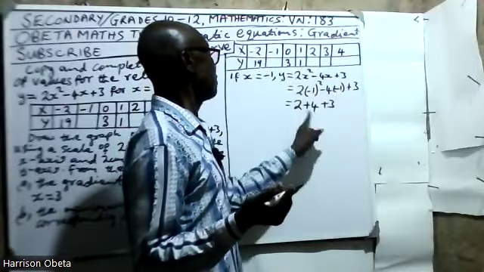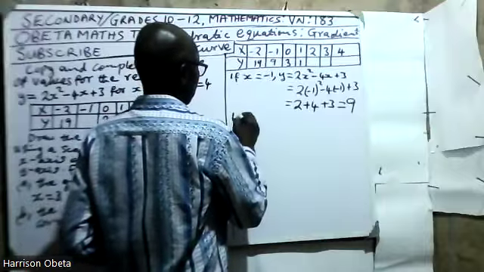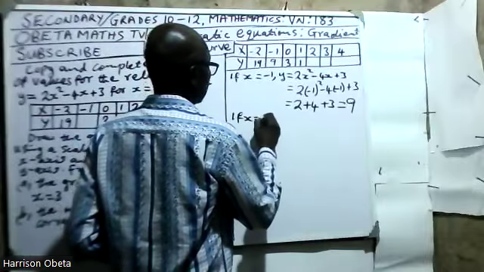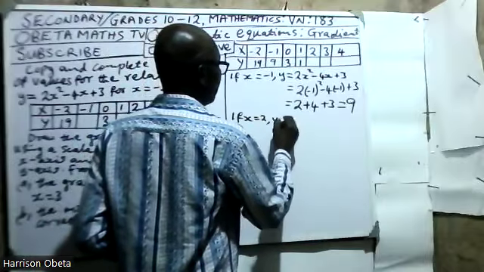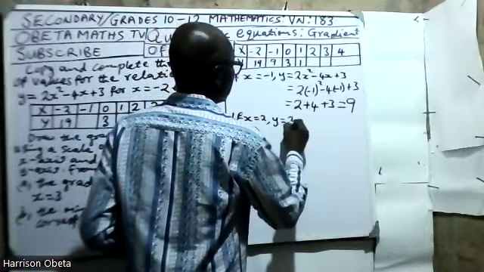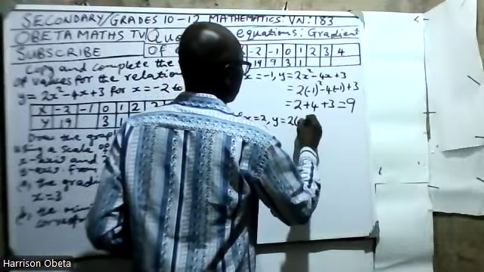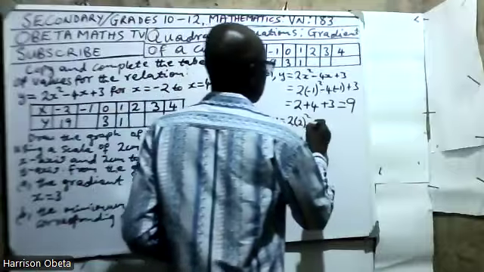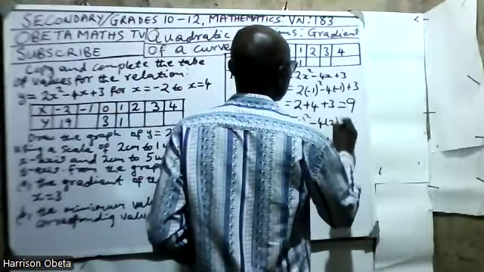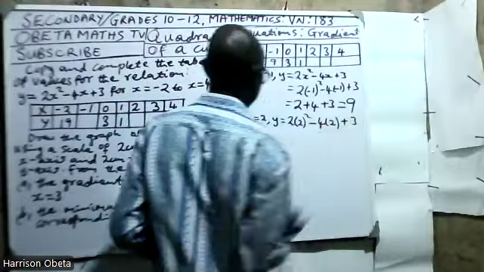We have 9 there. Then, what of when x equal to 2? If x equal to 2, y should now be 2 brackets 2 squared minus 4 brackets 2 plus 3.